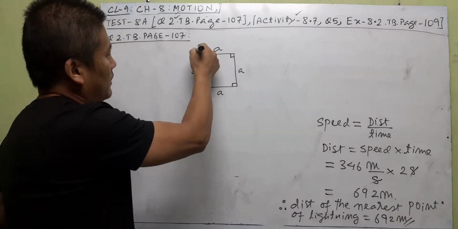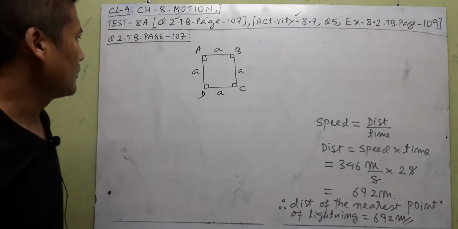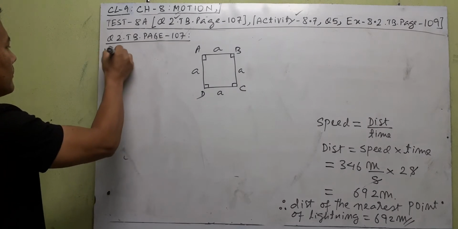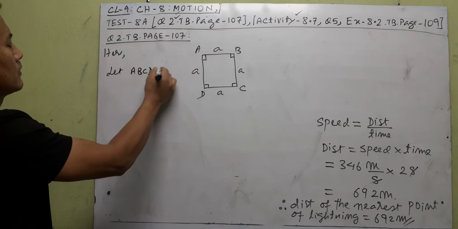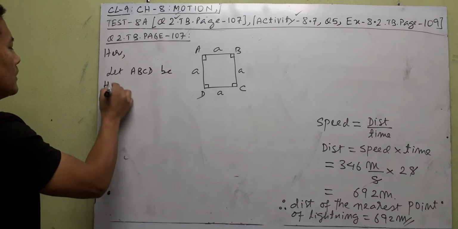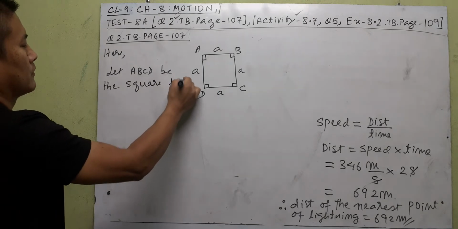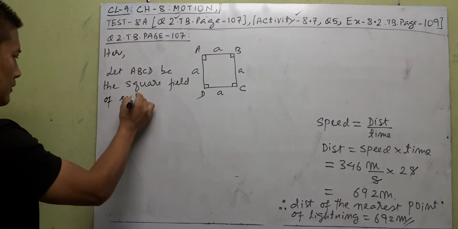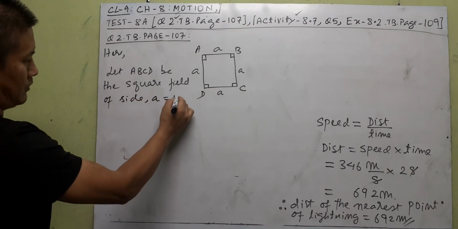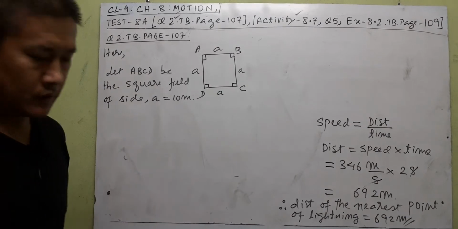Then let us label it as A, B, C, D. And here, let A, B, C, D be the square field that is mentioned in the question of side A equal to 10 meter, because the question tells us its side is 10 meter.